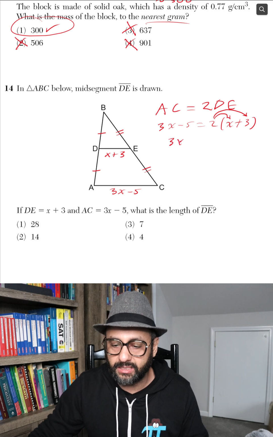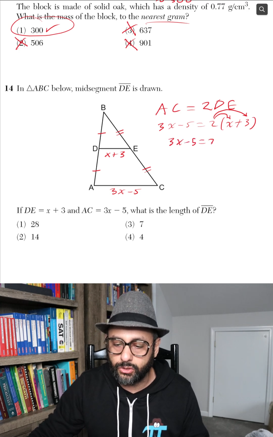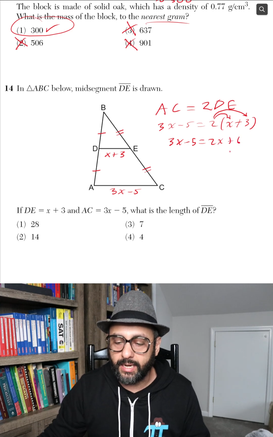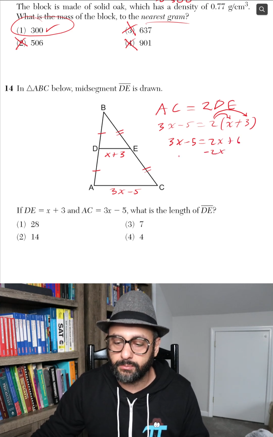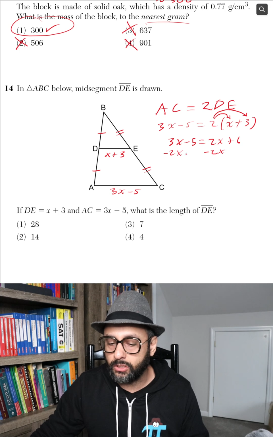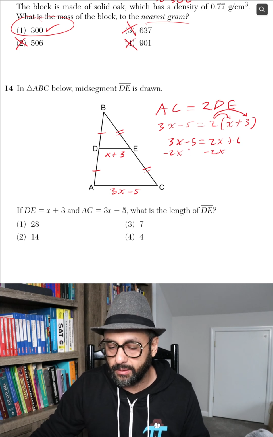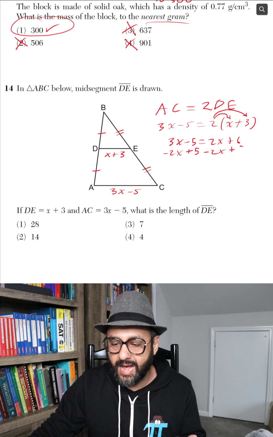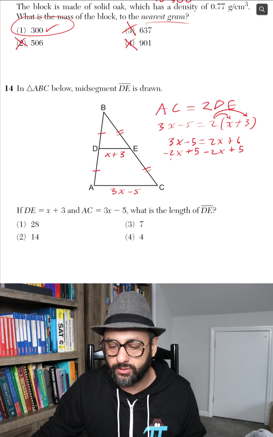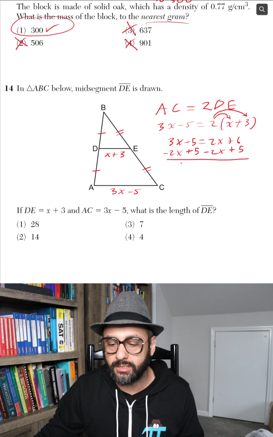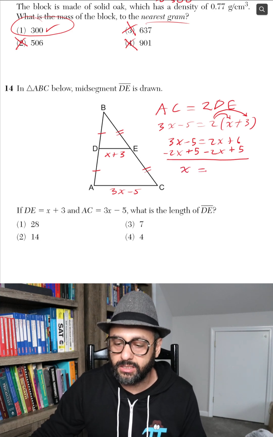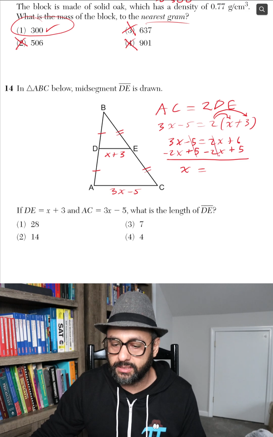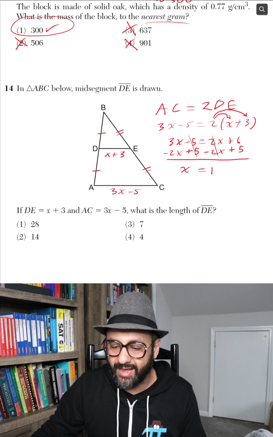So 3x minus 5 is equal to 2x plus 6. And now I'm going to subtract 2x, and I could stop there and do another step later, but since canceling out the minus 5 with a plus 5 does not affect the subtracting of 2x, I could do those simultaneously, and I get that x is equal to 11.